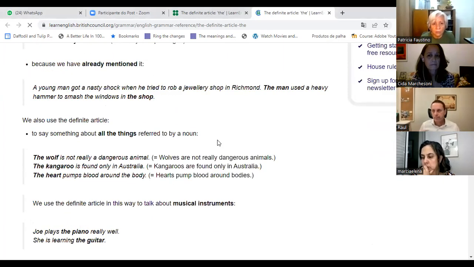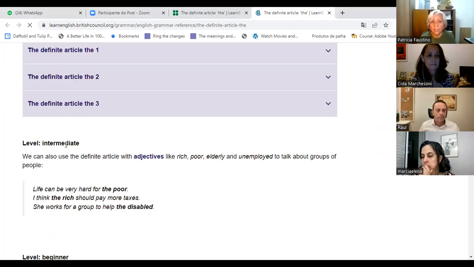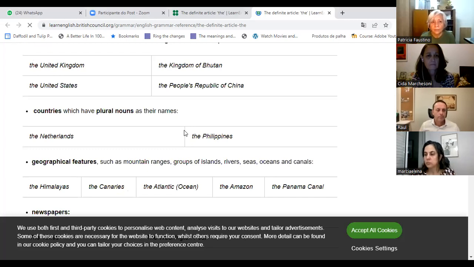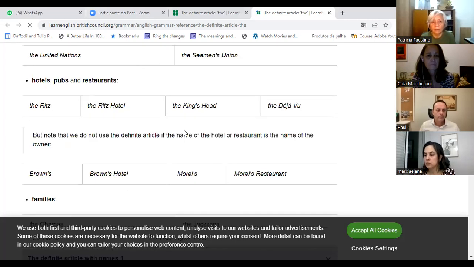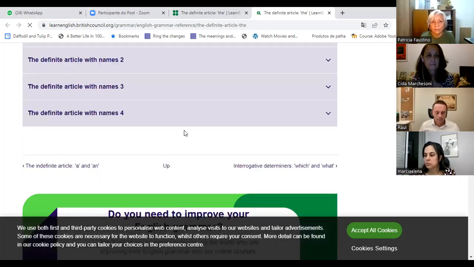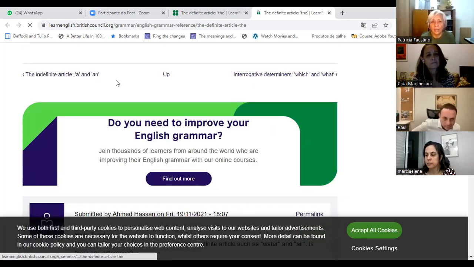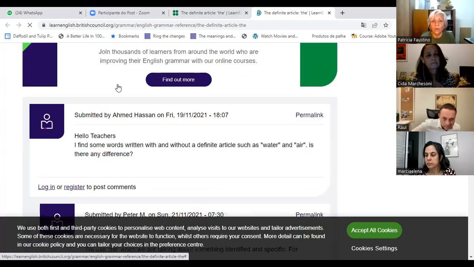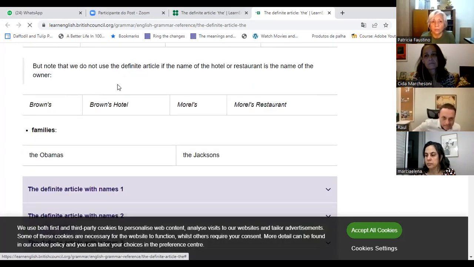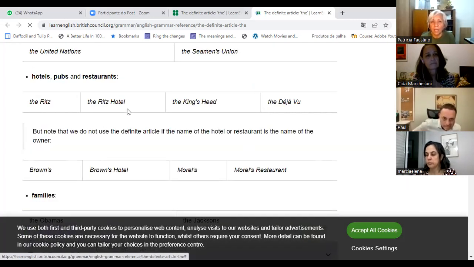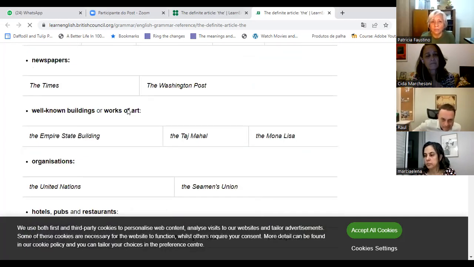This is here, intermediate level. And you have other explanations of a and an, etc. So if you want more examples, we have here many other possibilities.